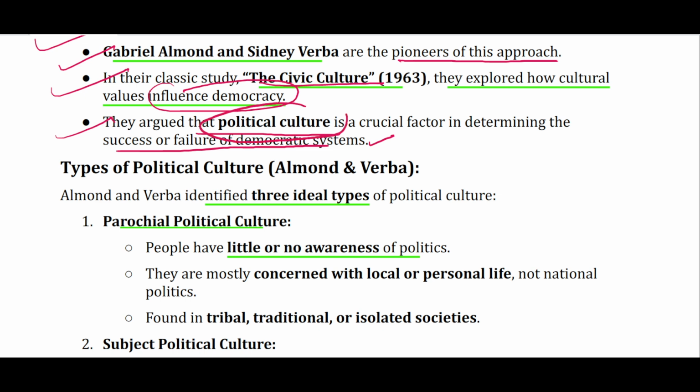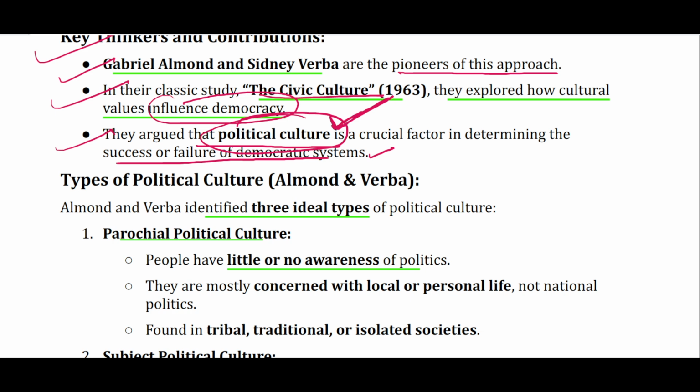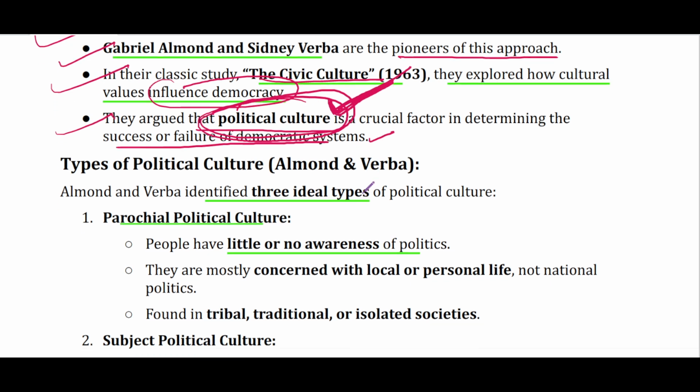This political culture is how people feel about politics, whether they accept it, whether they are active towards it, whether they like it, do they want to participate, do they like the working of government. ये सारे questions जो हैं personal level पे, all of these questions form part of political culture.